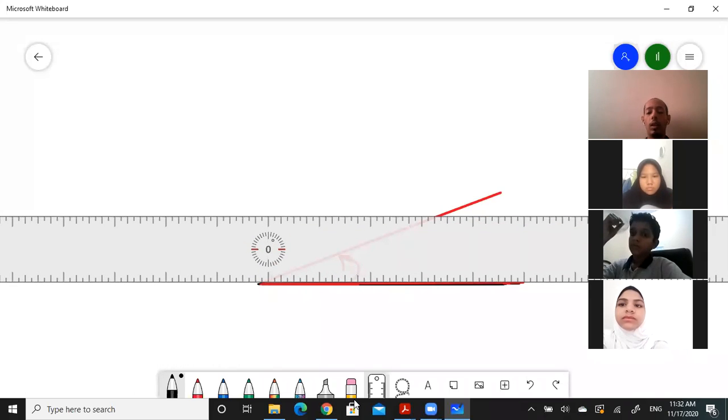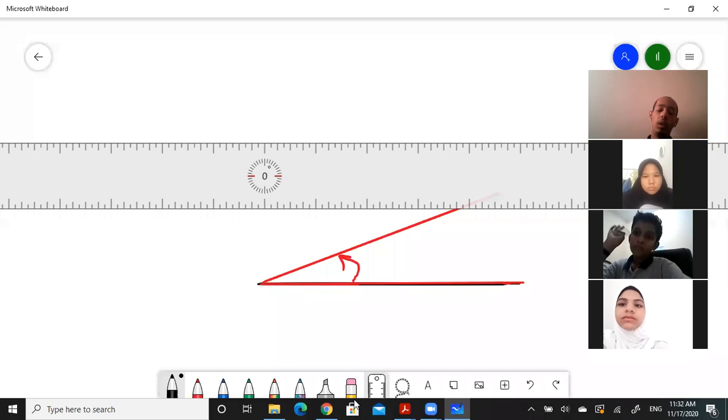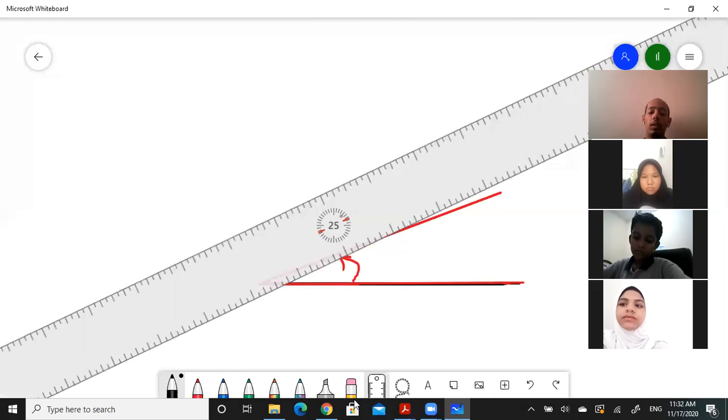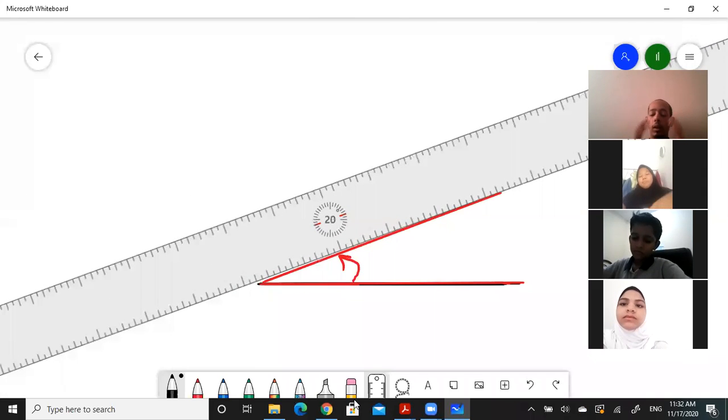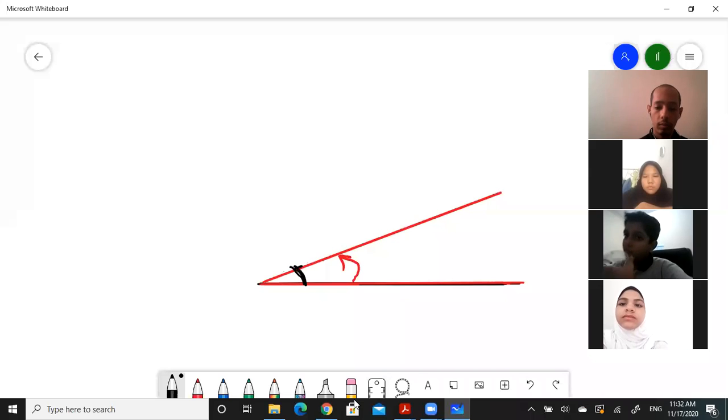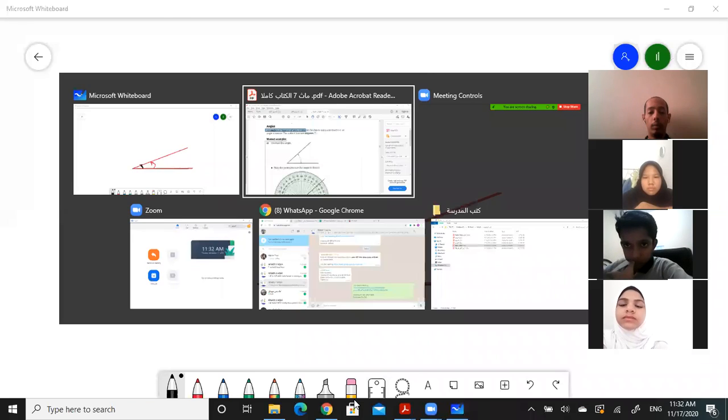This means we turn the red line with a specific angle, right? So where is the angle? This is the angle.